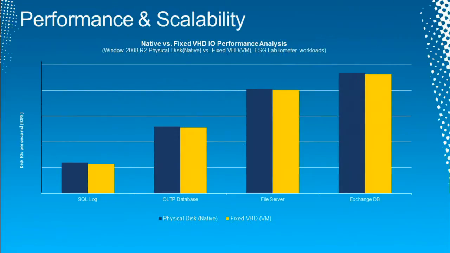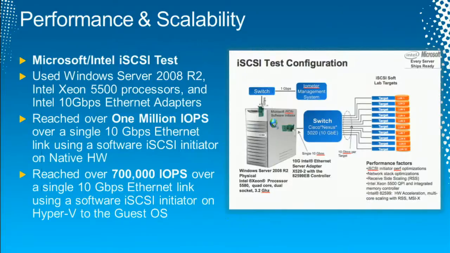Now, in terms of disk performance for SQL, we'll look at this in more detail later on anyway, but for SQL databases, file servers, Exchange databases, the performance of disk I/O is very, very close. So again, you're not sacrificing much to actually go into this virtual world. And the final test for Hyper-V specifically before we move into SQL. When it comes to iSCSI, we've shown already one of my hosts was hooked directly via an iSCSI initiator onto some shared storage, an iSCSI-based SAN.